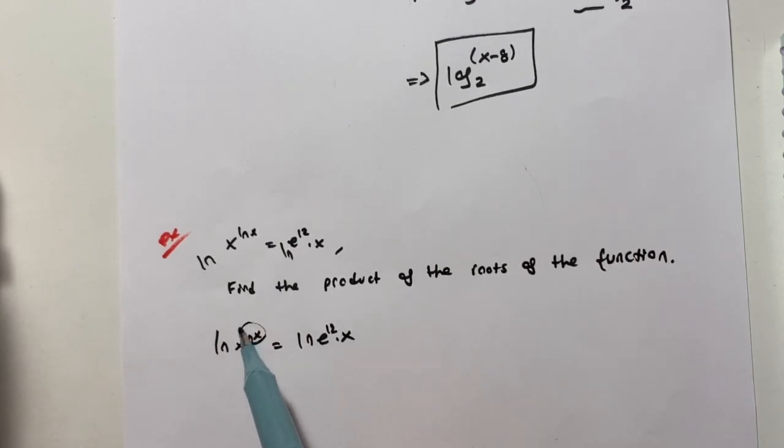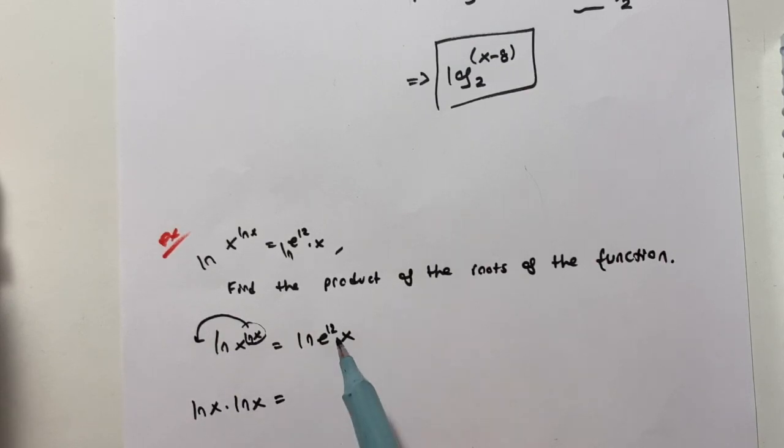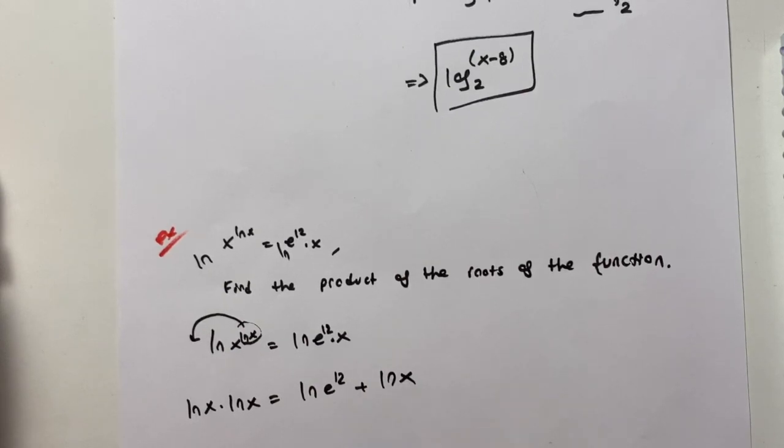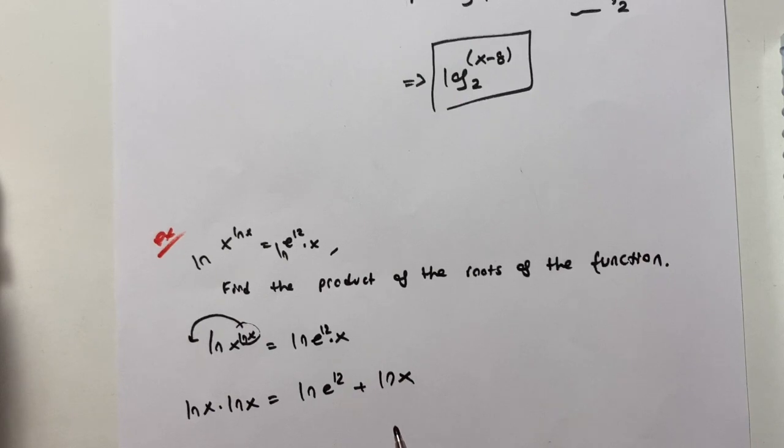As you can see here, this power can go to here like this. And since the power is in a product form, you can write it separately in an addition form. And if you check, there's a bunch of ln x's.